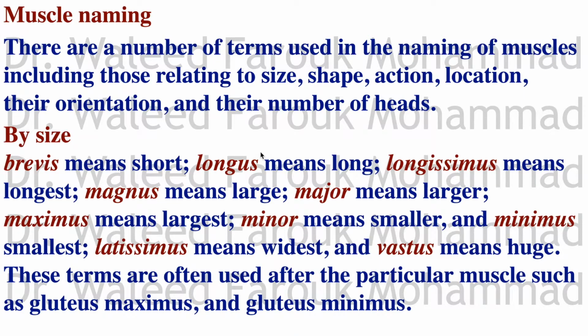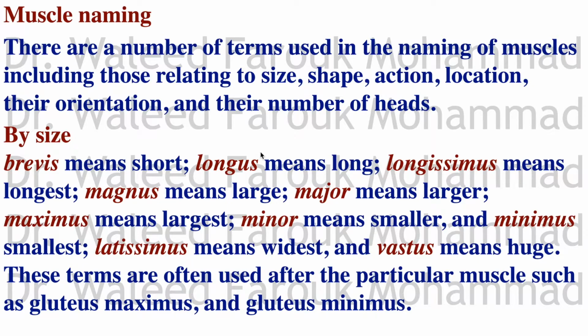For example, by size, we have brevis means short, longus means long, longissimus means the longest, like the longissimus coli, for example. Magnus, large, major, larger.